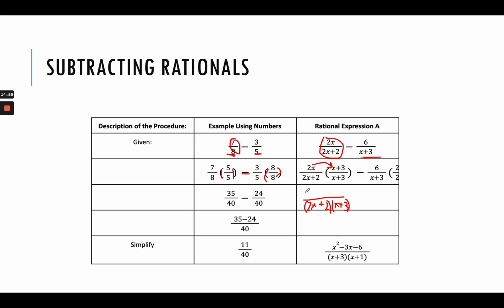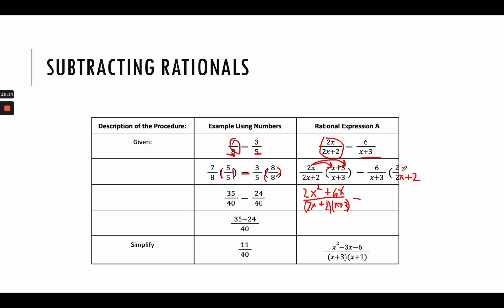So 2x times x is 2x squared. 2x times 3. 2 times 3 is 6. So we're going to have plus 6x. Okay. Then minus 6 times 2. Oh, it got cut off. This should be 2x plus 2.